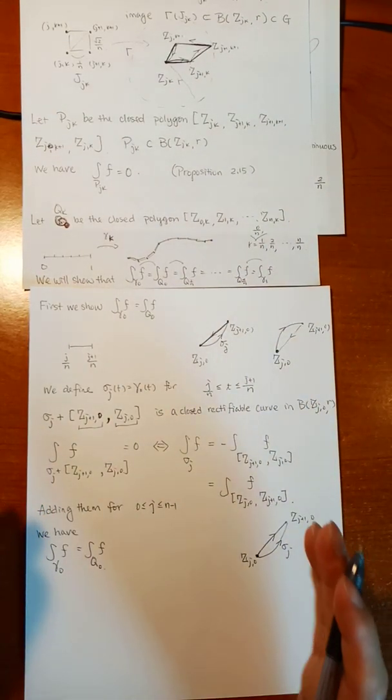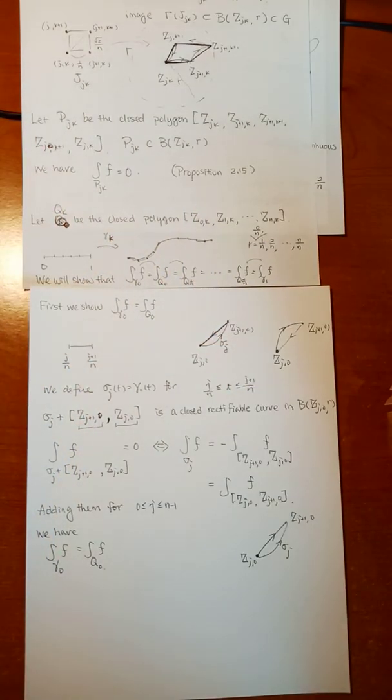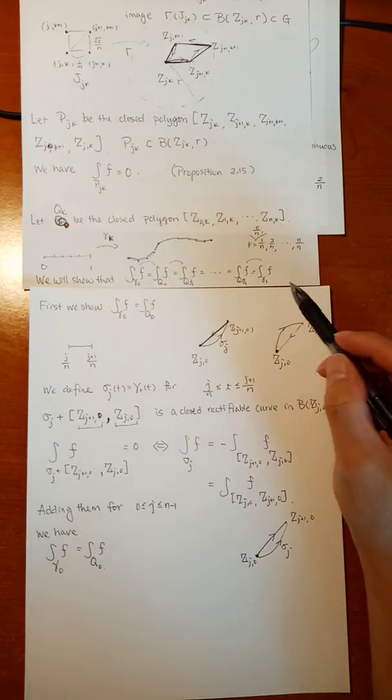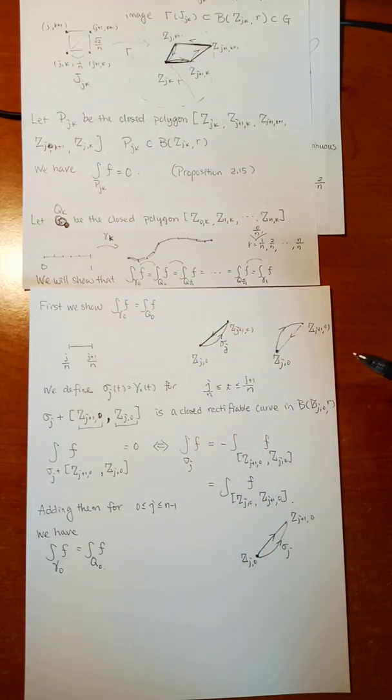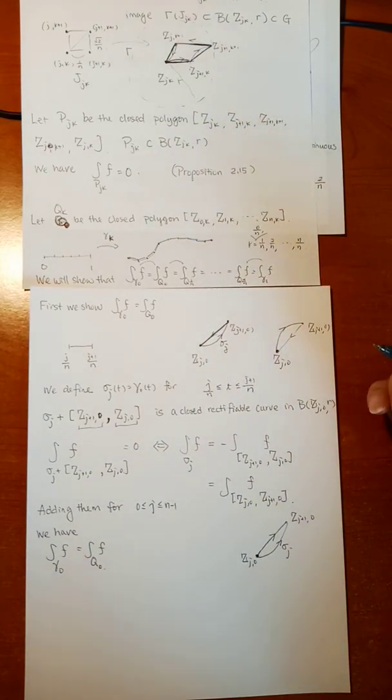Okay, so this is the first part. This is the first part. And the last part is actually the same as the first part. You just change the name from gamma 0 to gamma 1, so you have the same.